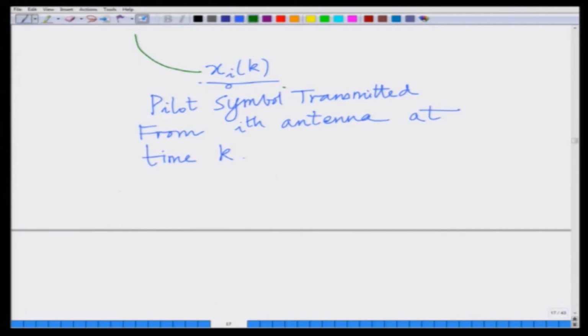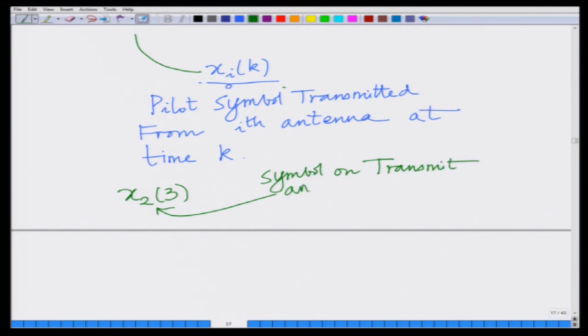For instance, again let us take a simple example, x2 of 3. If I look at x2 of 3, this is the pilot symbol on transmit antenna 2, that is i equals 2, at discrete time k equals 3.